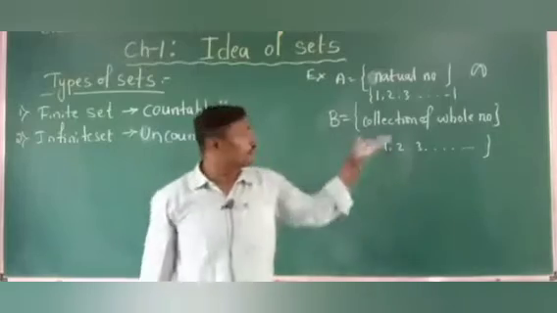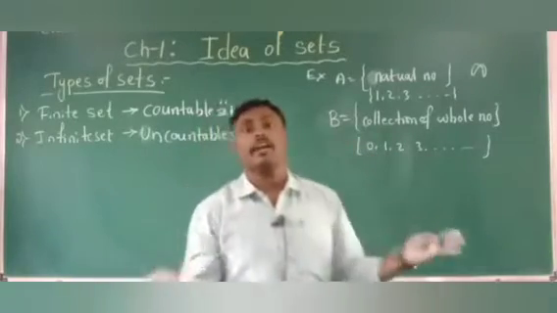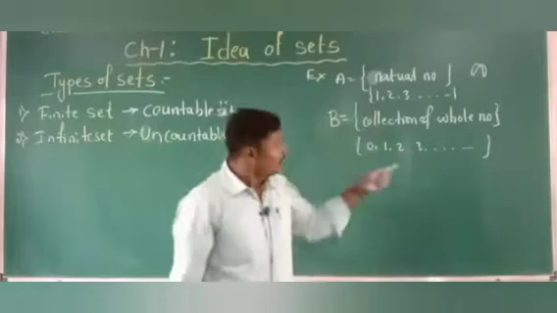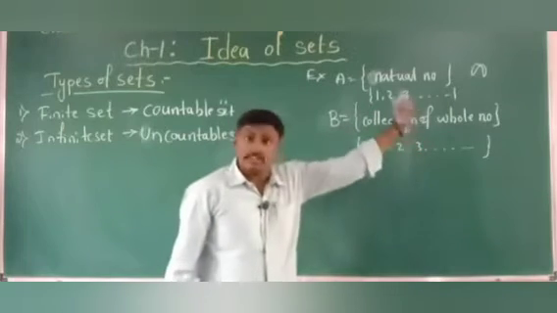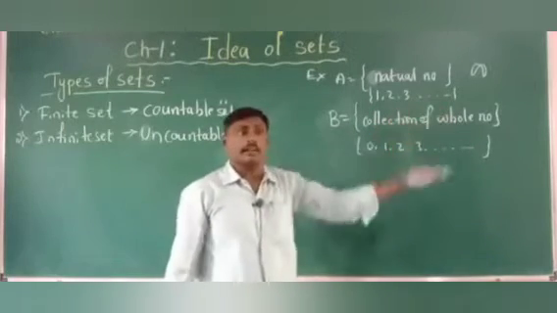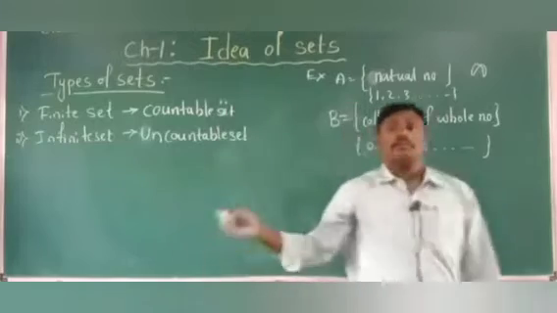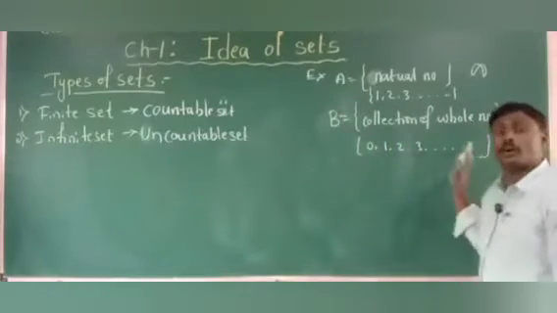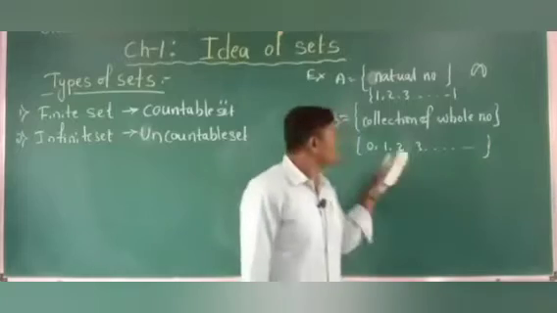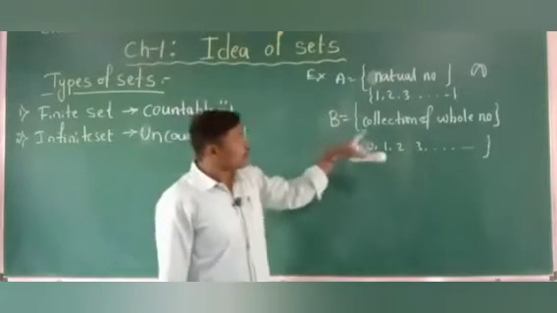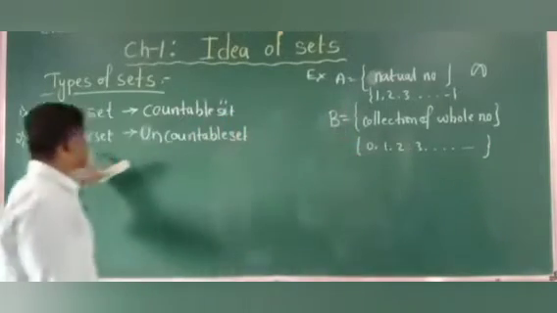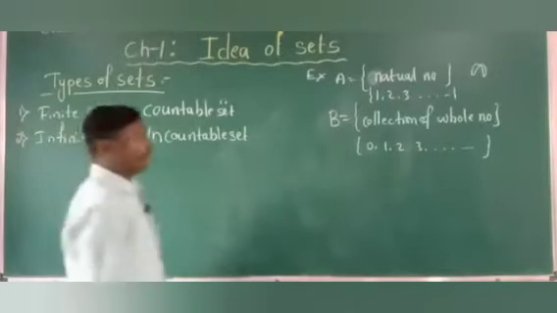We cannot count these whole numbers because we have infinite number of whole numbers. 0, 1, 2, 3. What is the next one? 4, 5, 6. If I am writing or considering the next numbers, it is purely uncountable. We cannot count the number of elements which are existing in set B. So set B is an infinite set.